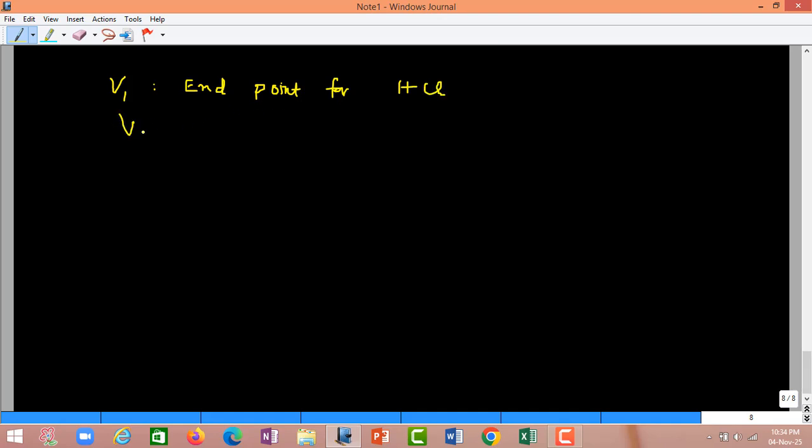The second endpoint corresponds to the mixture of acids, and so if you take the difference V2 minus V1, that should correspond to the endpoint for acetic acid.